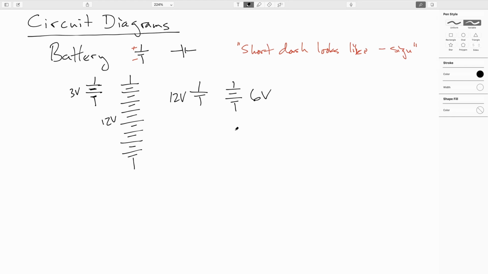So in fact, let's go ahead and just revisit the symbol for a capacitor. And that is 2 parallel lines like this. And this is meant to remind you of the parallel plates of a parallel plate capacitor.